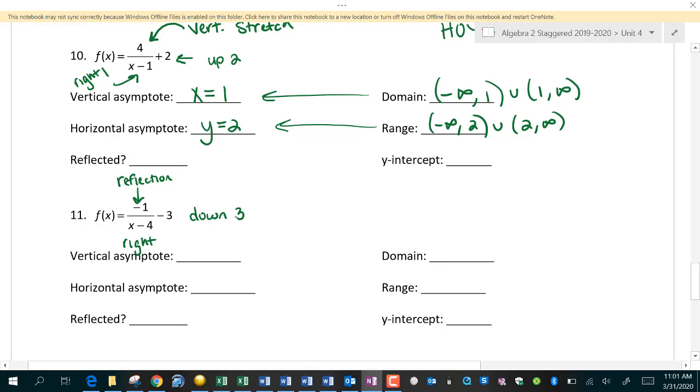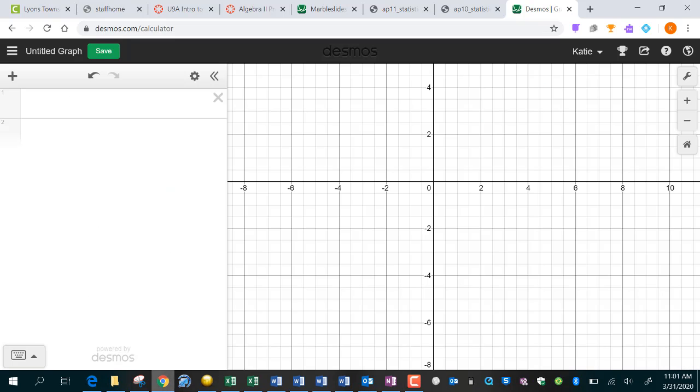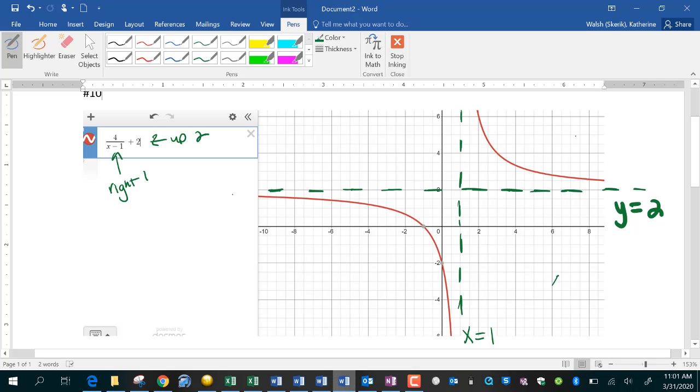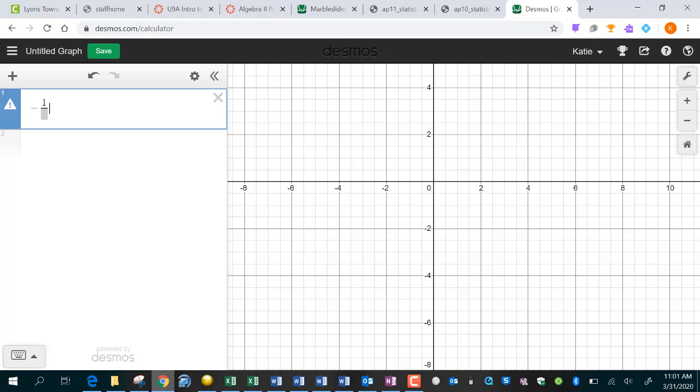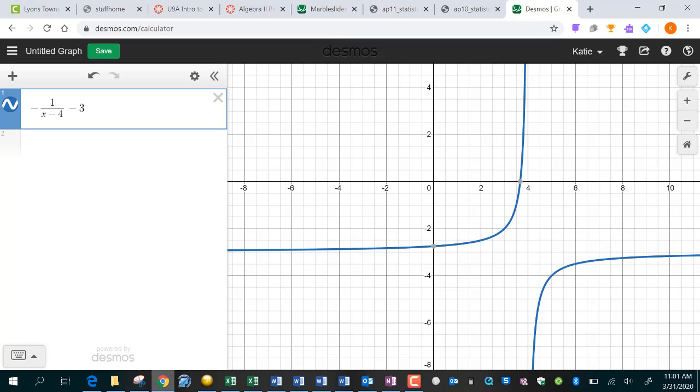In order to graph this on Desmos for you to see a better picture, I'm going to pull Desmos up. So I would do negative 1 divided by x minus 4, and then minus 3. This might help you also to get a graphical display of these functions, so that way you can look for your horizontal asymptote.